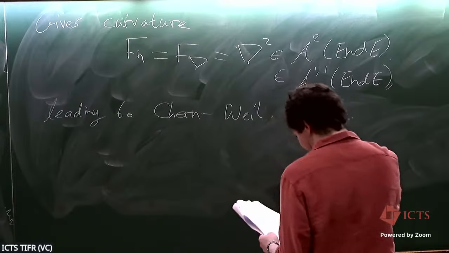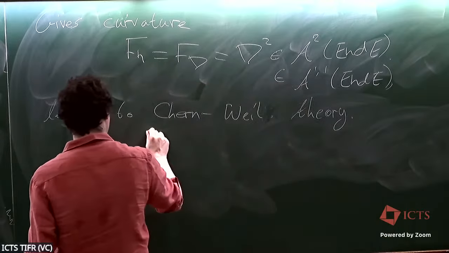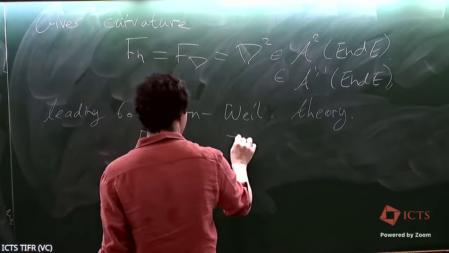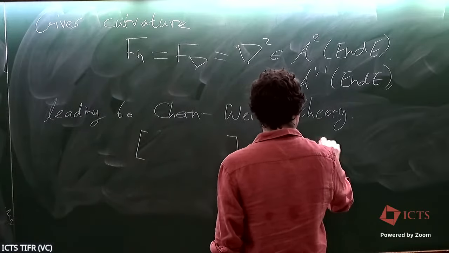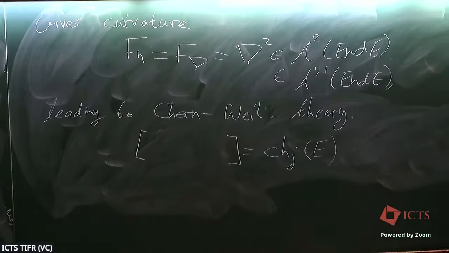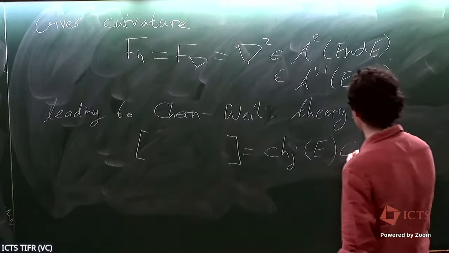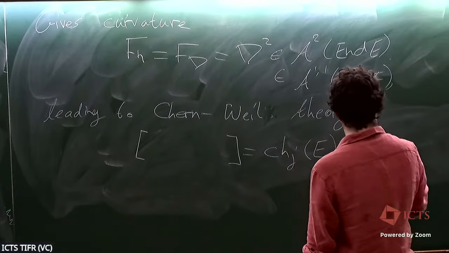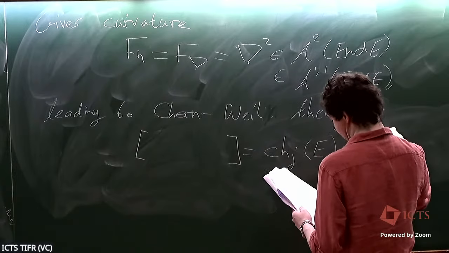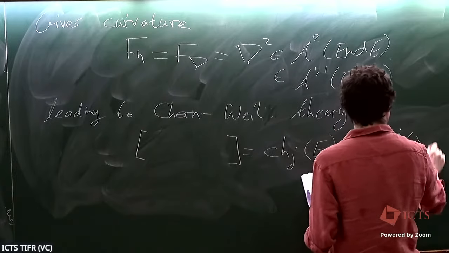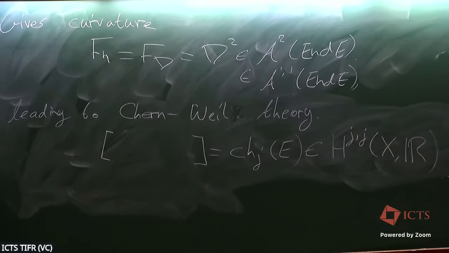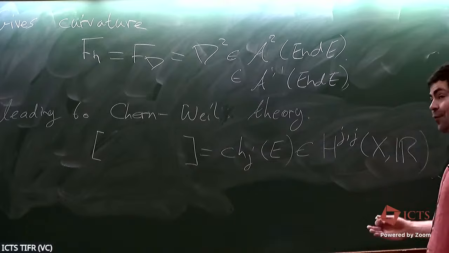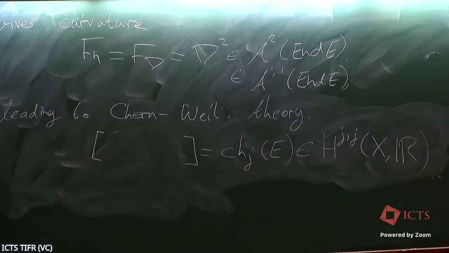So in Chern-Weil theory, we associate the Chern characters. We associate a topological output that lives in the corresponding cohomology of differential forms that have j holomorphic coordinates and j anti-holomorphic ones.